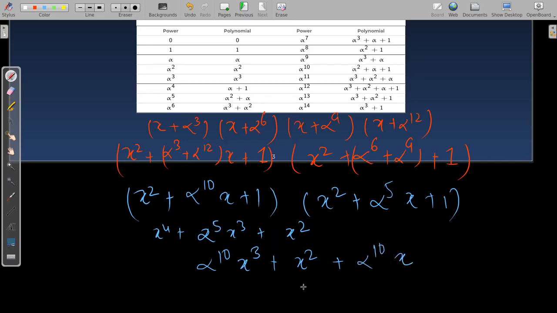In the third column, when I multiply it with 1, I will have x square plus alpha 5 x plus 1.